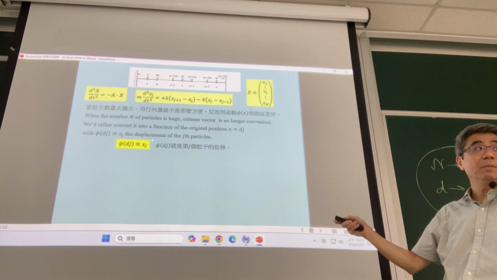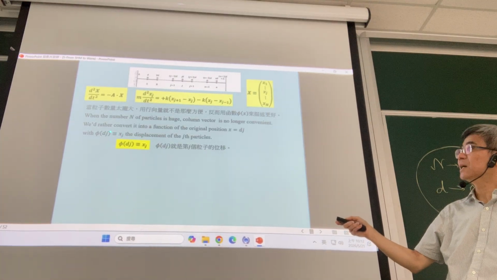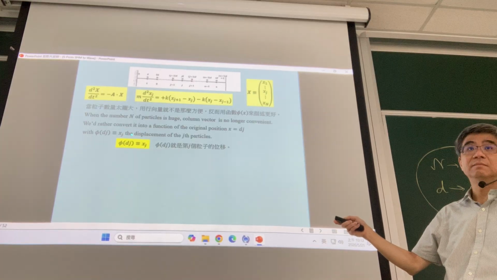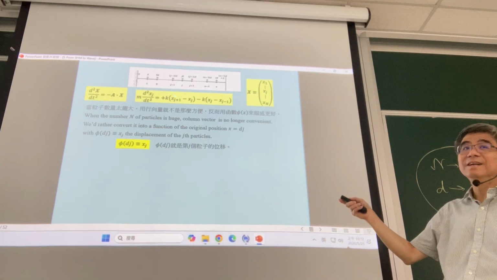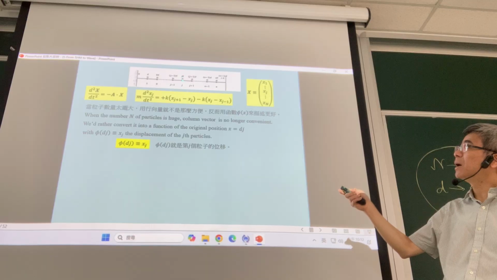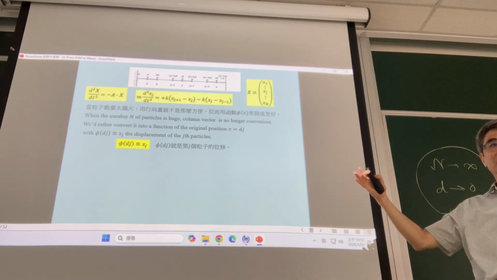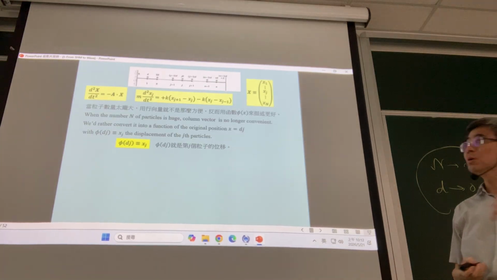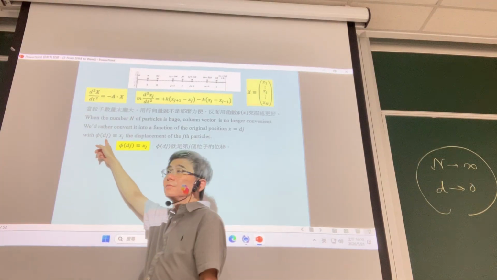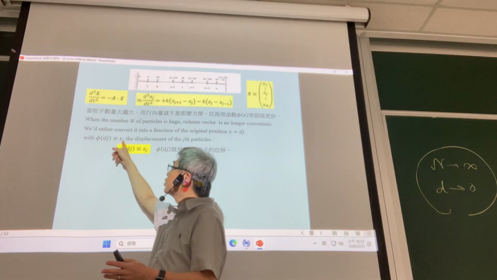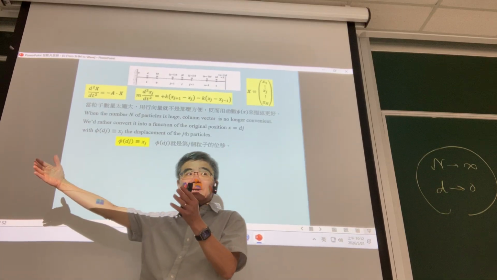Is that okay with everybody? So it is defined as xj. Remember, xj is the position of the particle away from its original position. The original position is dj for the jth particle. So xj is the displacement from it.